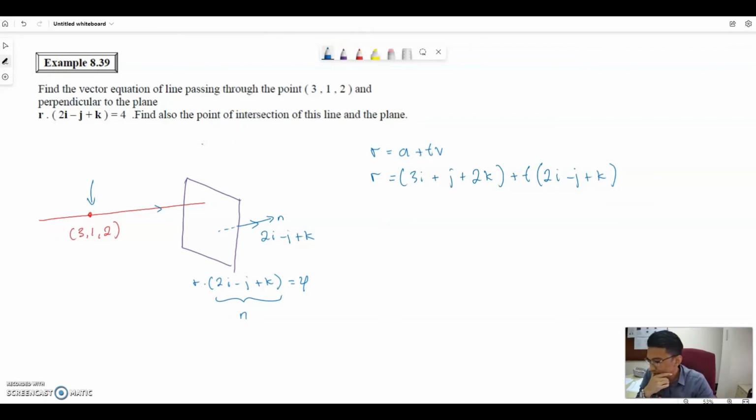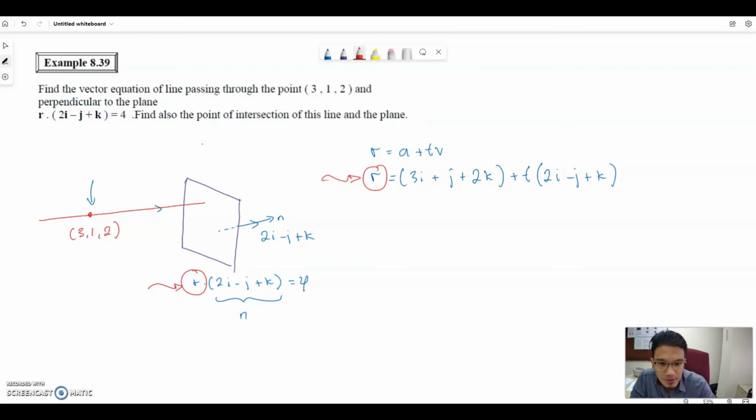Okay, next we have to find the point of intersection of this line and the plane. We have the equation of the plane right here, and this is the equation of the line. To find the point of intersection, you have to substitute the r of the line into the r in the equation of the plane.